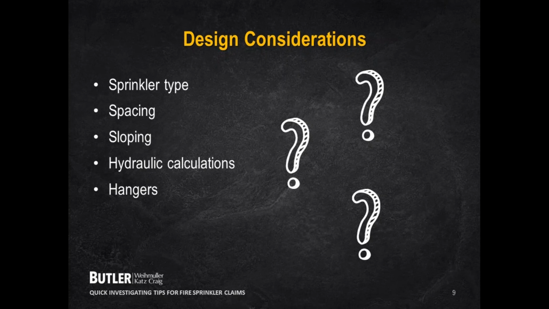And what that means is that the sloping can come into play in a fire sprinkler loss, particularly in a dry pipe system, if the design records are not followed accurately and the pipe is not sloped, so that once water does enter the system, it doesn't drain properly.